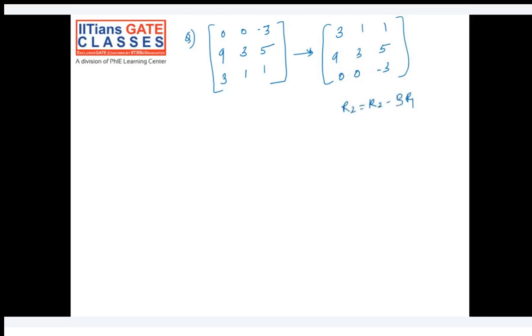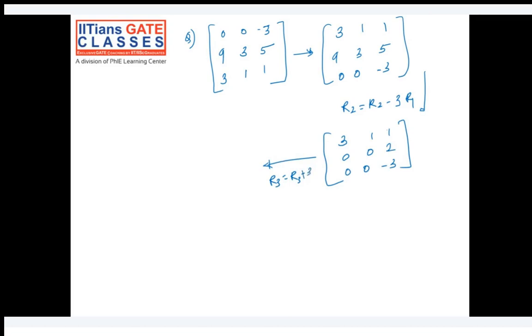Clear? And now there is a dependency between them. So if you perform the operation R3 equals R3 plus 3 by 2 R2, you can make the third row 0, and ultimately what you get is 3, 1, 1; 0, 0, 2; 0, 0, 0.